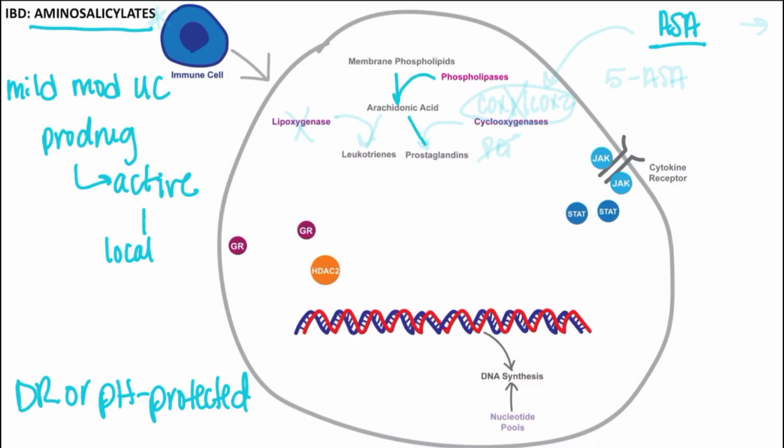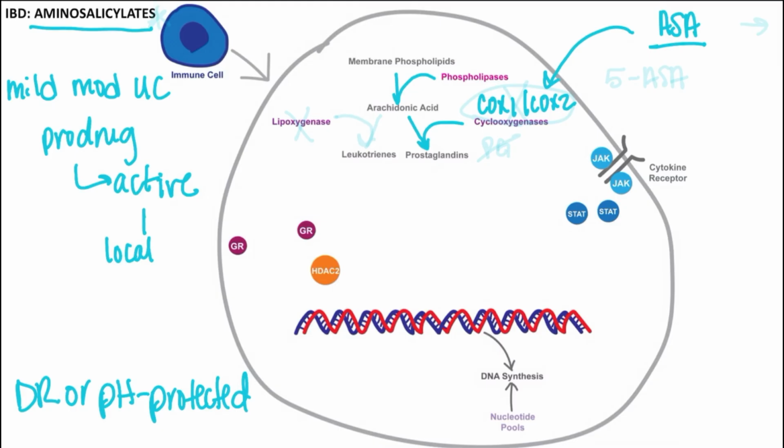Arachidonic acid is then converted to a series of different prostaglandins, a number of which are pro-inflammatory. Some are protective, but some are pro-inflammatory. And arachidonic acid is converted to prostaglandins by cyclooxygenase enzymes like COX-1 and COX-2, which, remember, COX-2 is the inducible form at sites of inflammation. So aspirin inhibits these COX-1 and COX-2 enzymes.